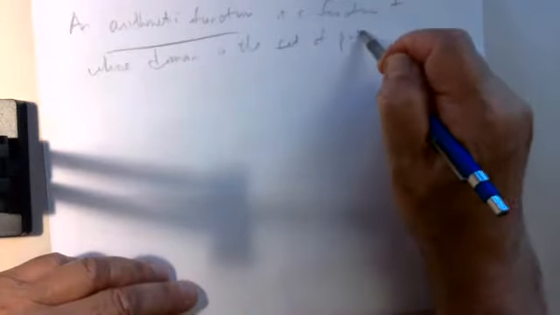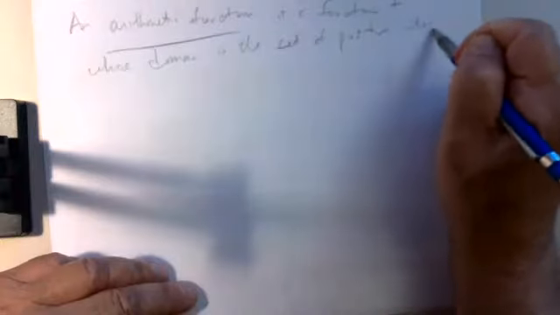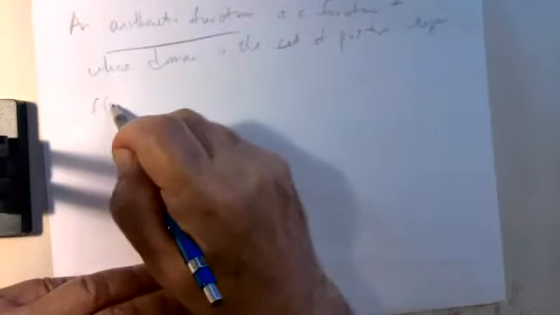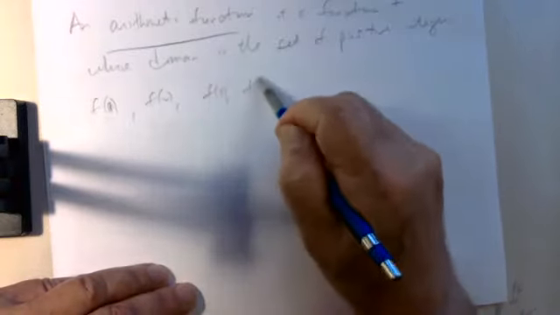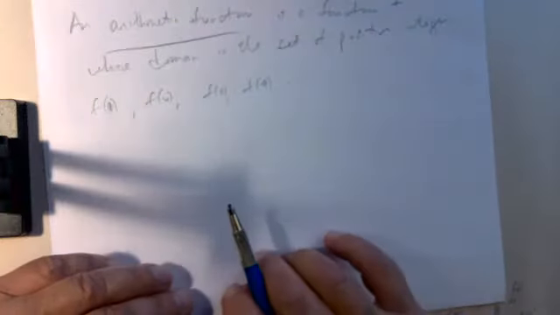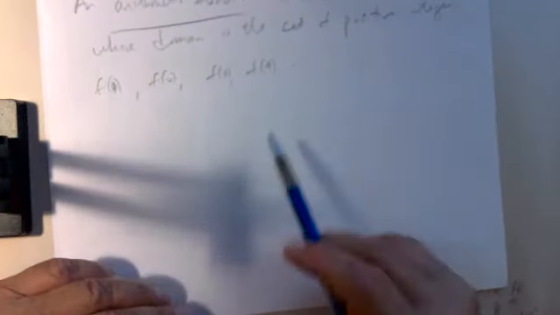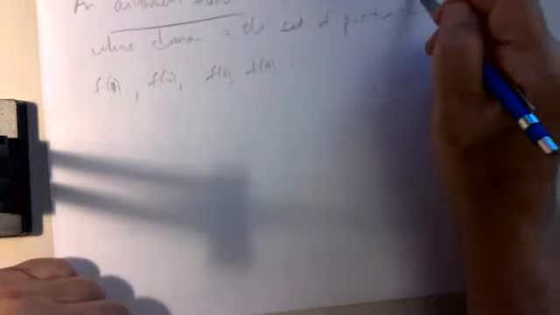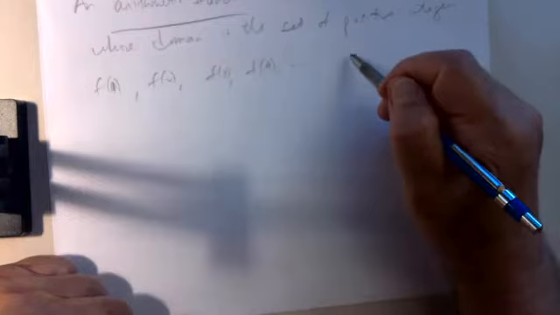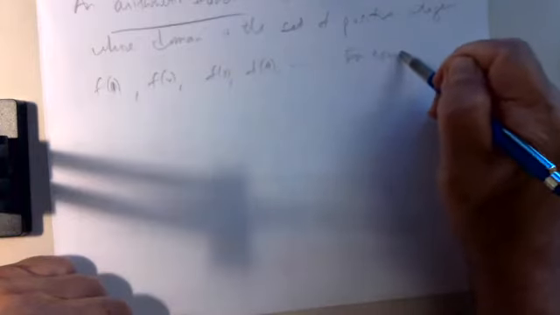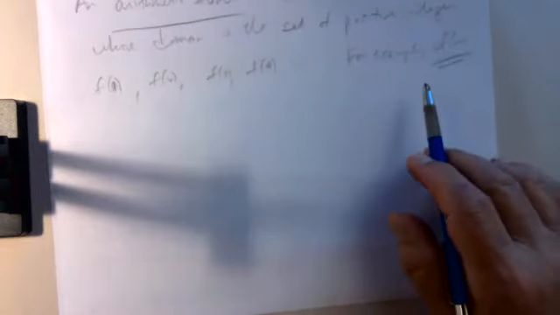So it's only defined for the positive integers. You have f of 1, f of 2, f of 3, f of 4. In other words, in another language, it's just a sequence indexed by the positive integers. That's the definition of an arithmetic function. For example, the Euler phi function is defined only for the positive integers.